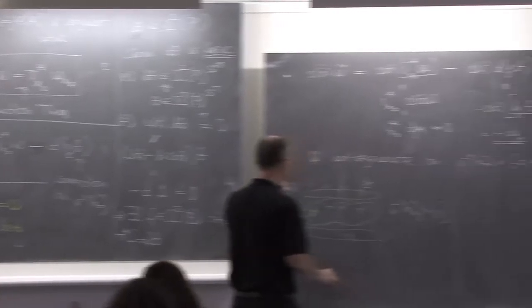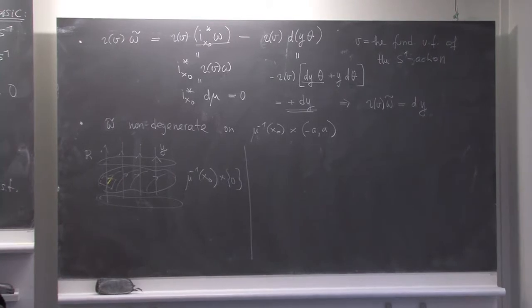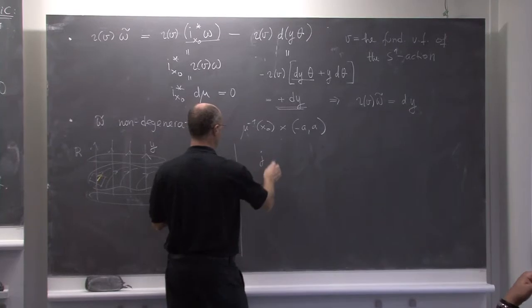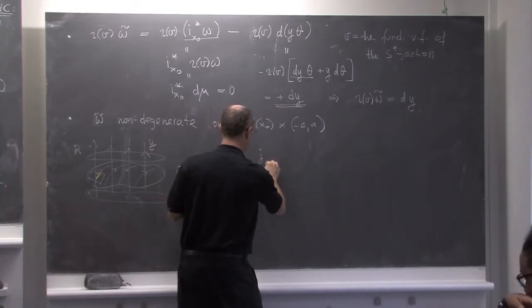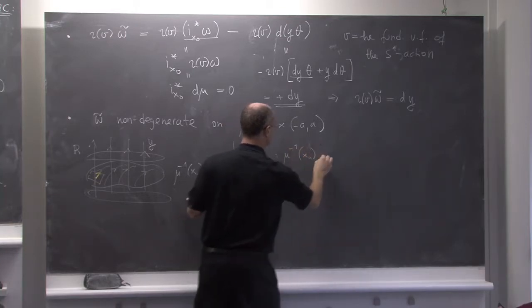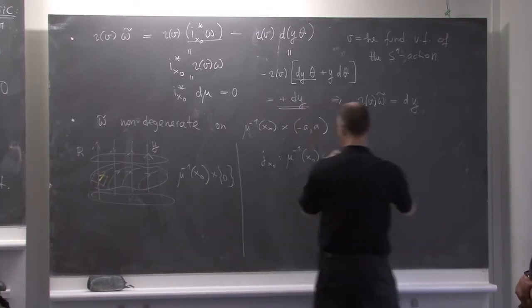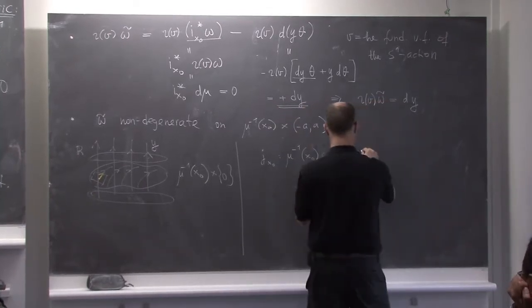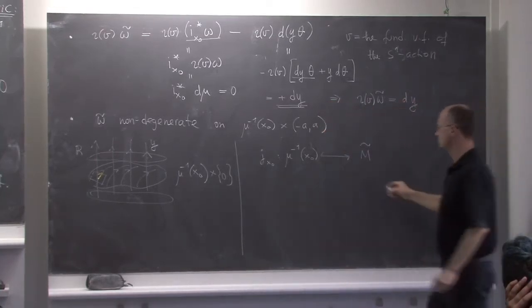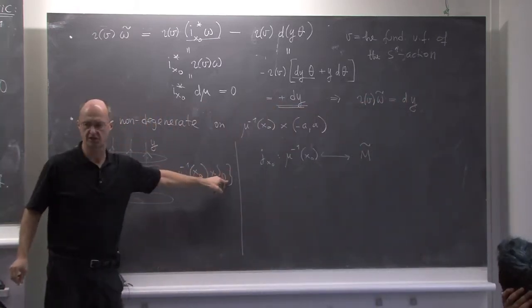So now perhaps let me denote by j x0 the embedding of this level set into M tilde, so that the image is the product of the level set and 0.